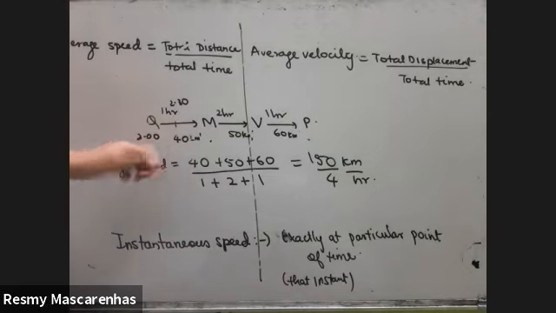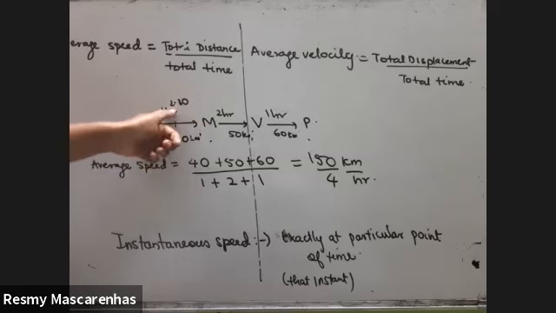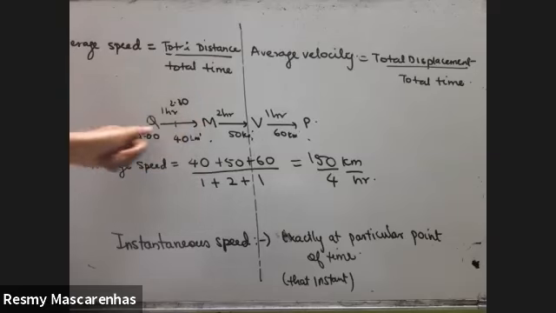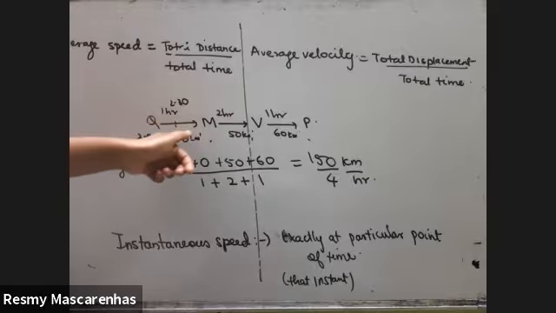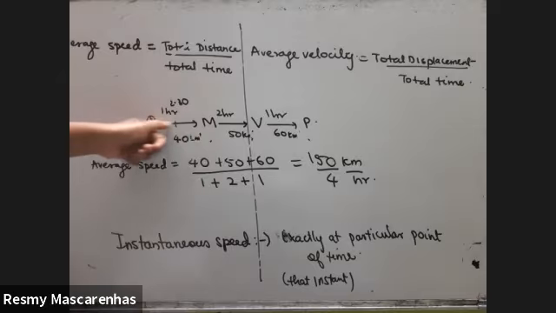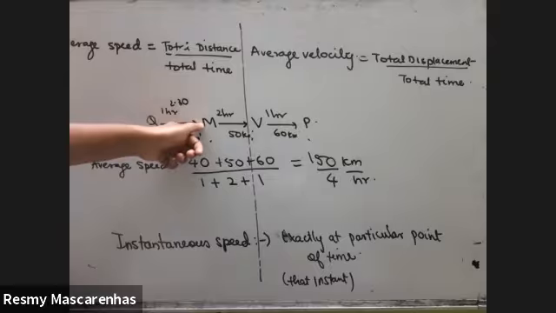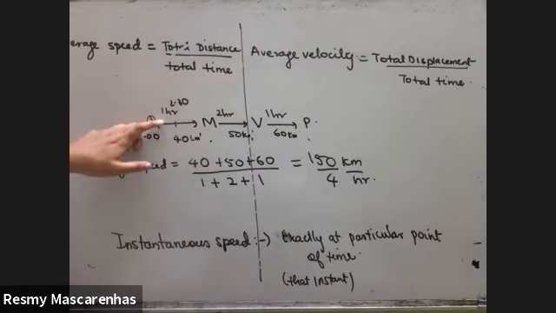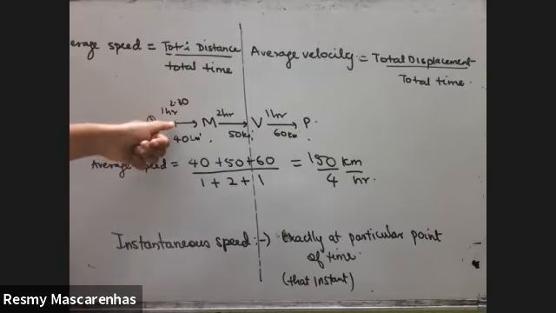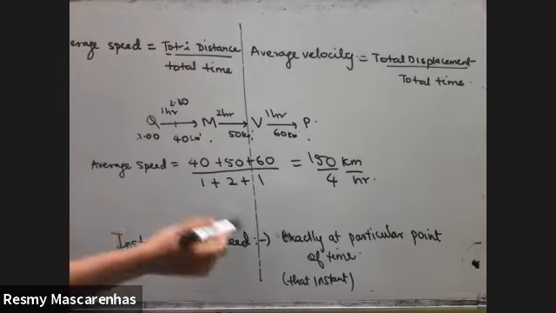Because definitely when I'm saying I'm traveling 40 kilometers per hour, imagine you were traveling by bike. The whole time you must not be exactly at 40 speed on your bike. You must have gone at 20, you must have gone at 30 because of traffic or some reason. So suppose I want to know exactly at 9:30 what was the speed showing on the bike, that would be called instantaneous speed.